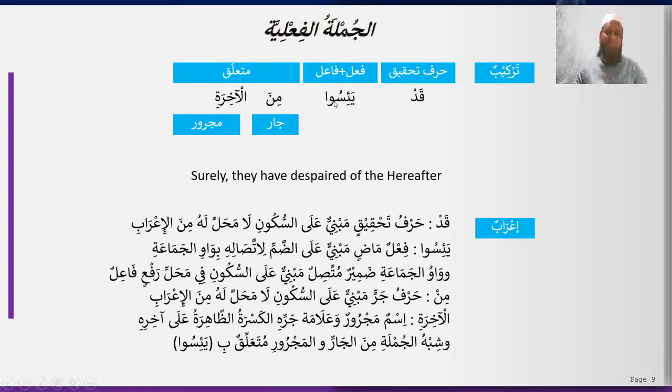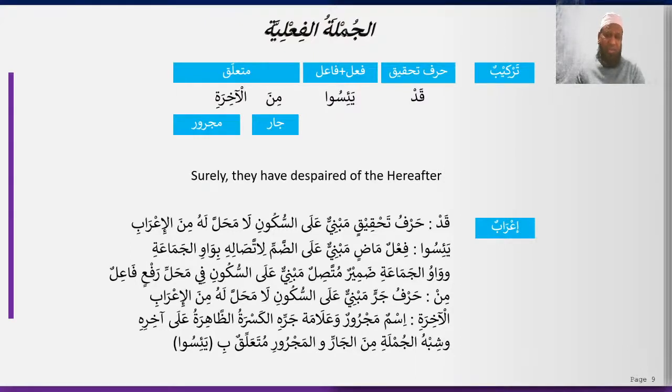So in جملة فعلية, 99.9% the متعلق will be present in the جملة because it's فعلية. The فعل has to be present. So we try to connect with the فعل that is present. If it connects, okay, you've got it.